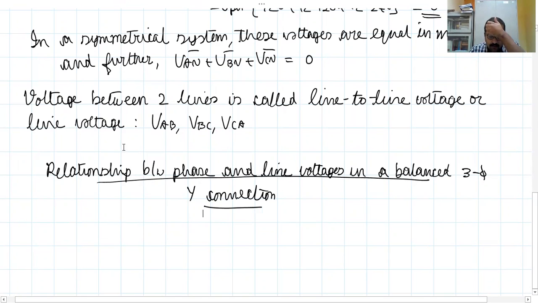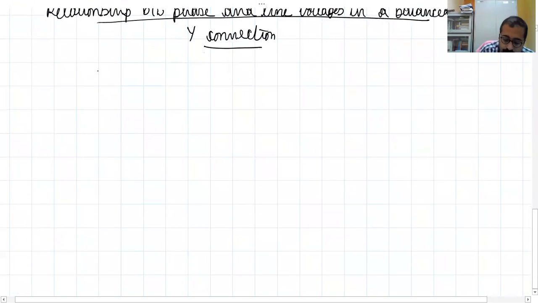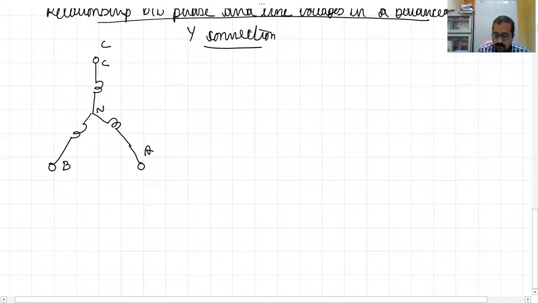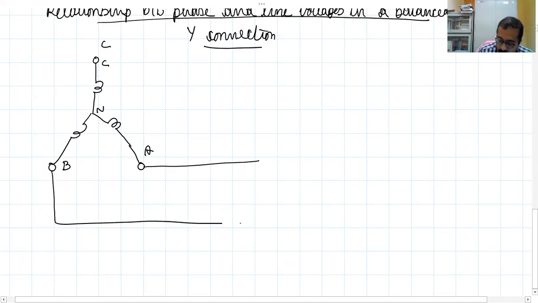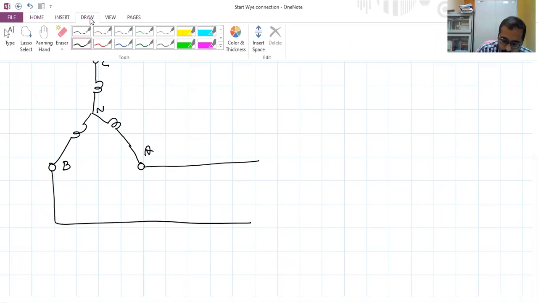Okay, so let me draw this figure once again here. This is A, this is B, this is the neutral point. So these are the lines, line A, line B. And here is our neutral.